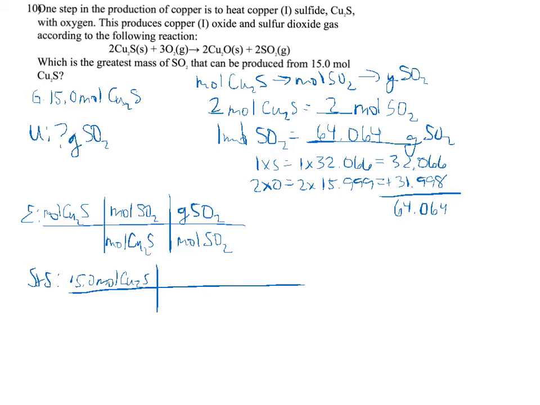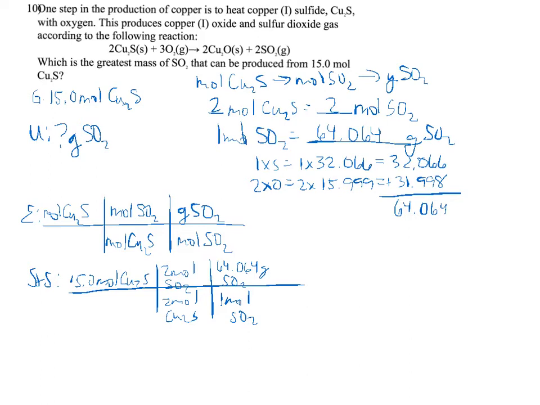And our mole to mole ratio is 2 moles of SO2 for 2 moles of Cu2S. It's a 2-to-2 ratio. And then our molar mass of sulfur dioxide was 64.064 grams. And remember, molar mass is always 1 mole.